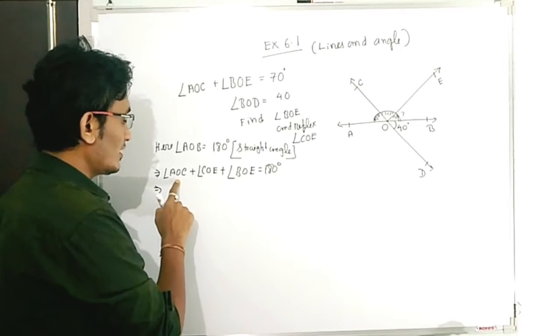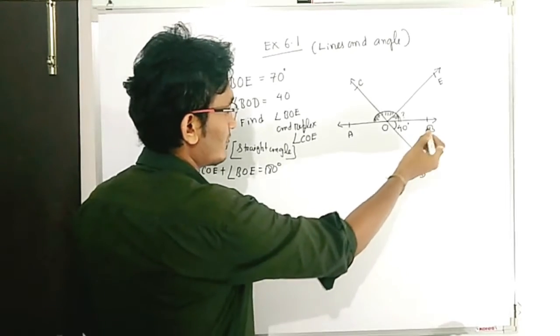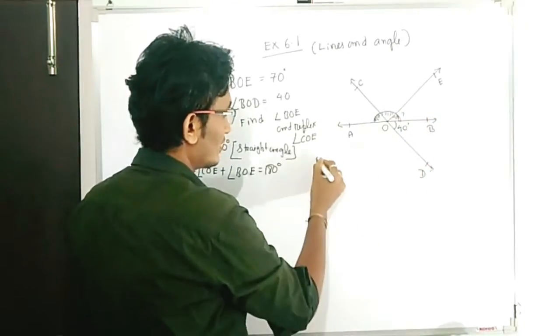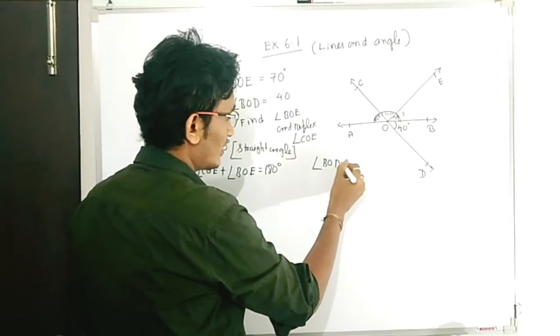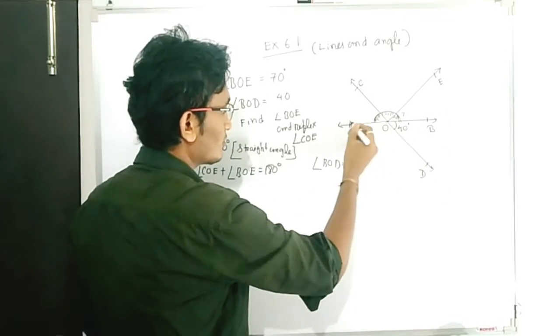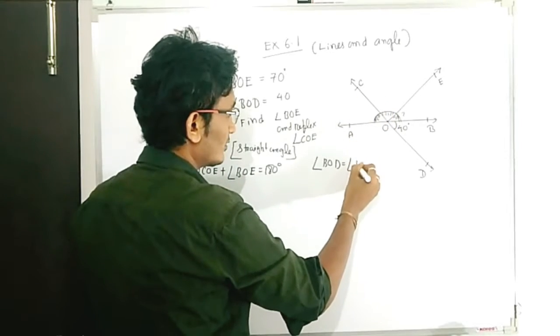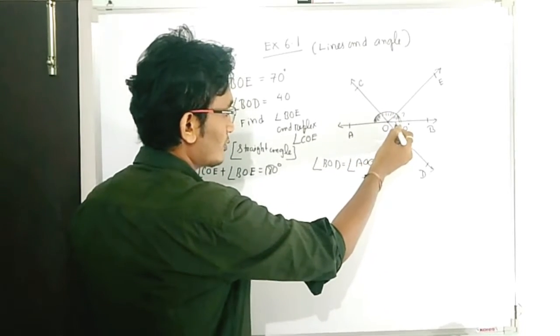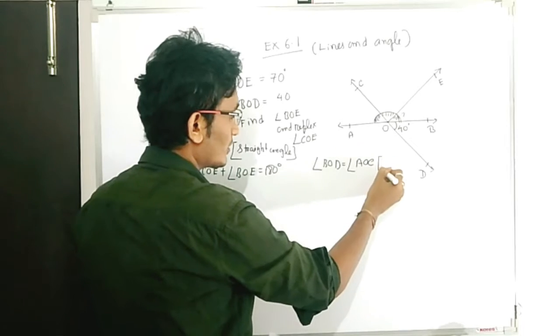Now what is the value of AOC? In the given figure, angle BOD is equal to AOC. Why are they equal? These two angles form vertically opposite angles.